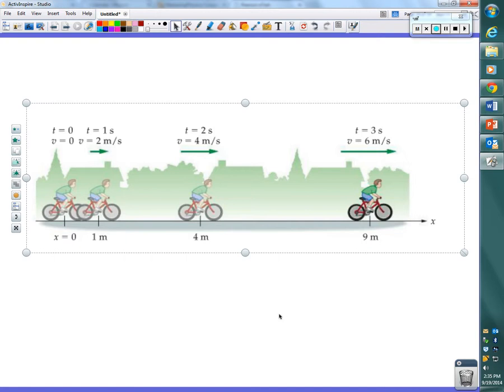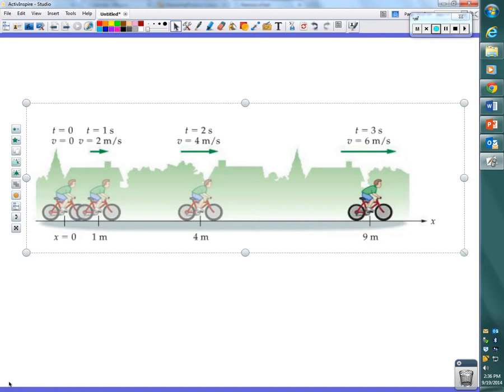Alright, so it tells us that the velocity initially was 0 and the velocity at the end was 2 meters per second. How come he doesn't go 2 meters during that second?